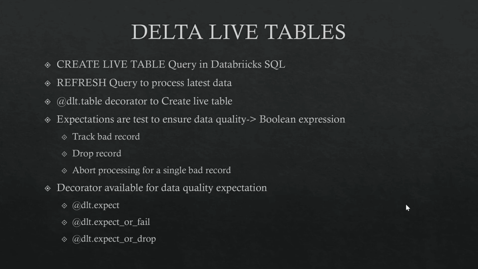Expectations are to test and ensure data quality, and they are Boolean expressions, so the result is a Boolean that you will get, and you can track your bad records. There are decorators available for data quality expectations, like expect, where you can get your bad records, make the pipeline fail, or drop the bad records.